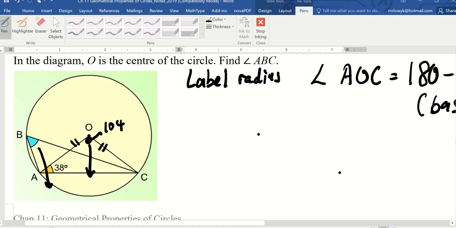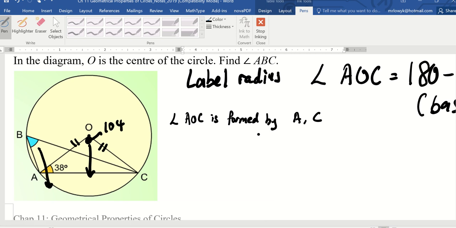Can you write this down? Angle AOC is formed by A and C, right? Xinghui, do you understand this part? So angle AOC, this angle is formed by A and C. Now, taking these 2 points, you have to form 2 angles.